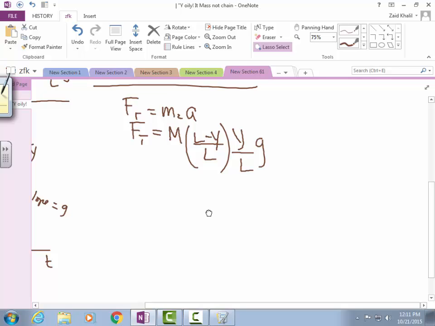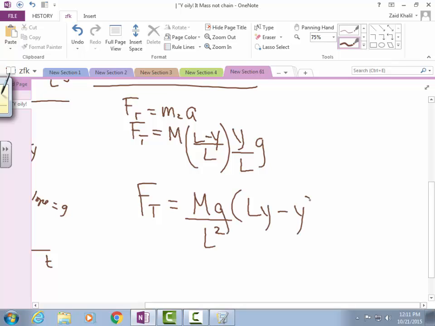All right, so here's your expression. Let's clean this up a little bit. We get Ft is equal to m over L squared times (Ly, well, there's a G here) minus y squared.